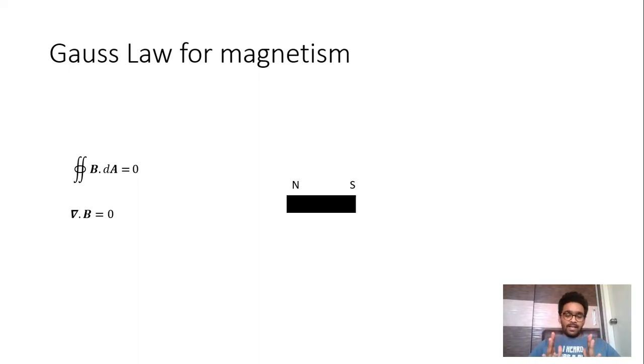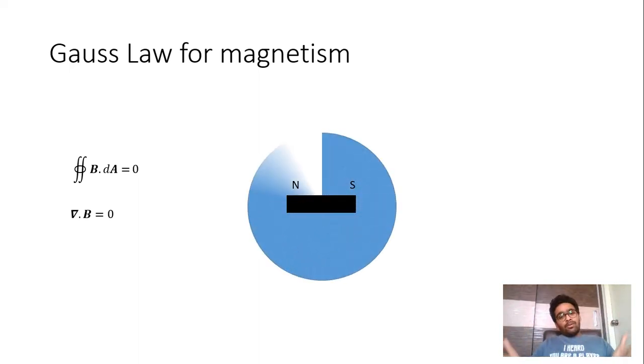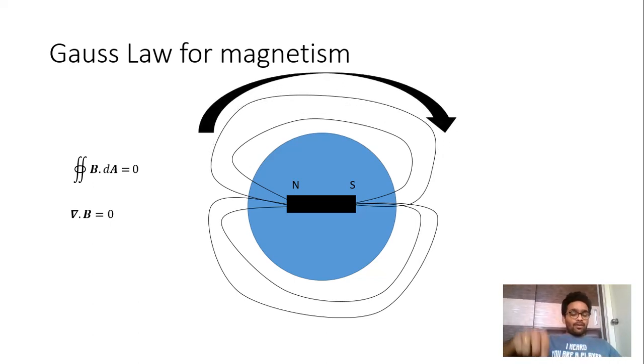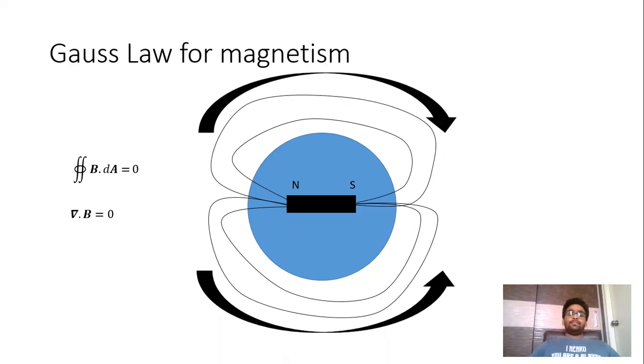If you take a bar magnet and cut it into smaller and smaller pieces, you will always end up with a magnet with a north pole and a south pole. You will not get a magnet with only a north pole or only a south pole. That is why, if you consider a surface around this magnet, the magnetic field lines emerge from the north pole to the south pole, like this.